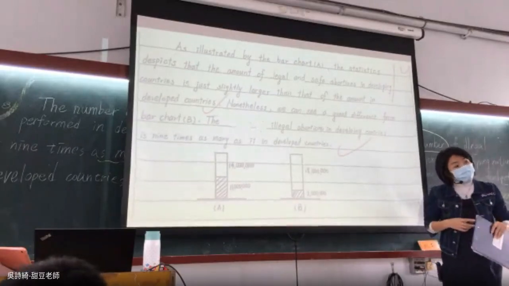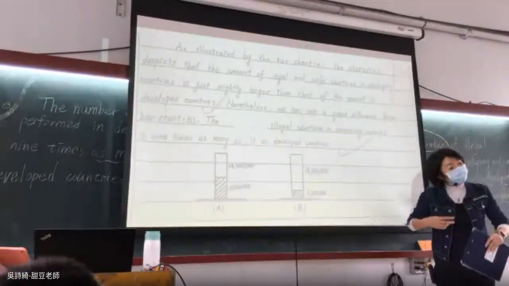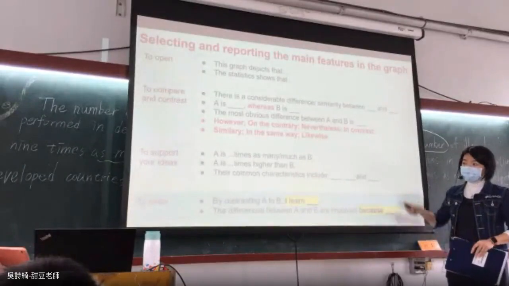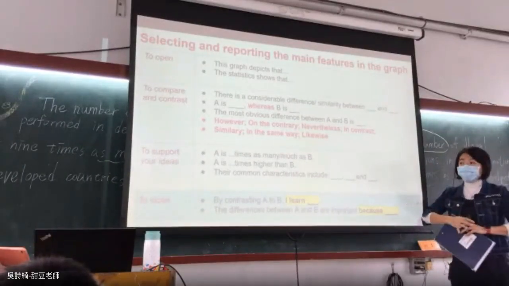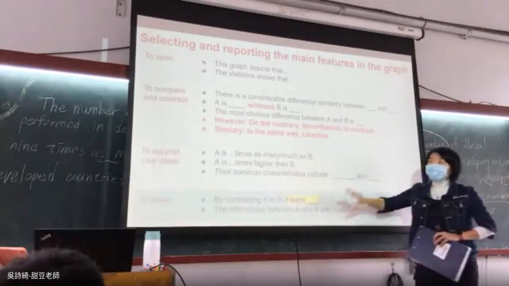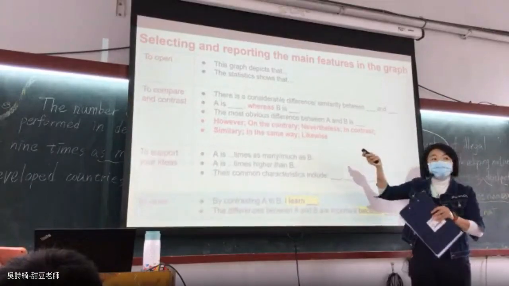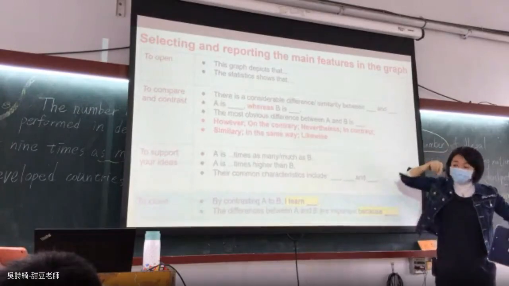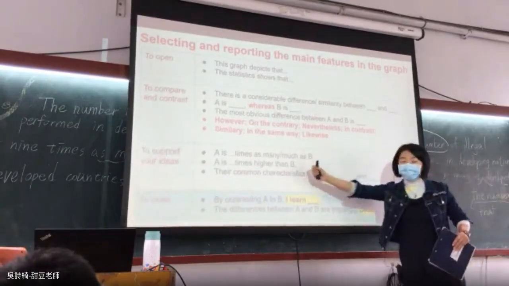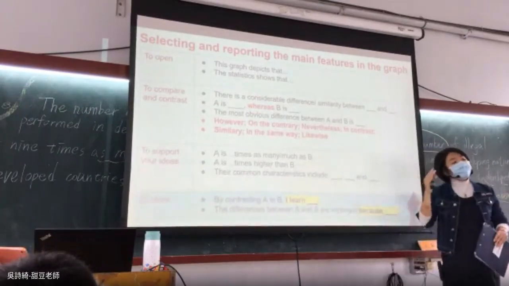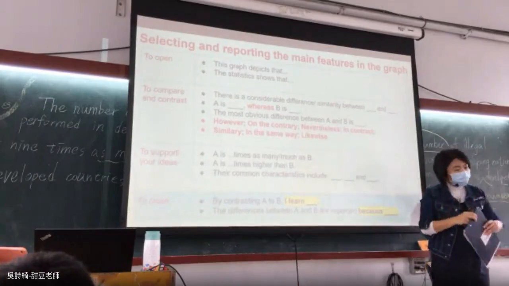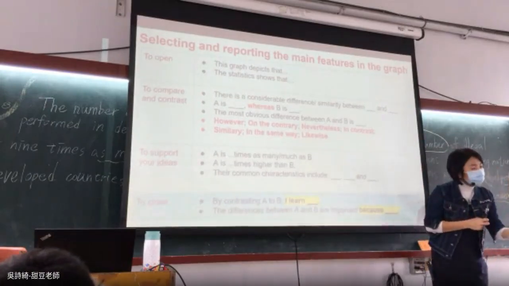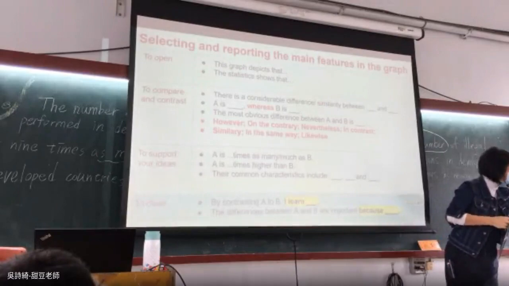And if we wanted to have this go further, ladies and gentlemen, you may want to highlight the end. We start from opening a sentence, compare the two charts, go to detail to talk about how many and how much. How do you make a conclusion? Usually, the conclusion will be back to you.